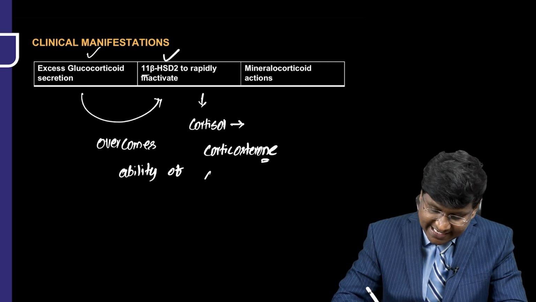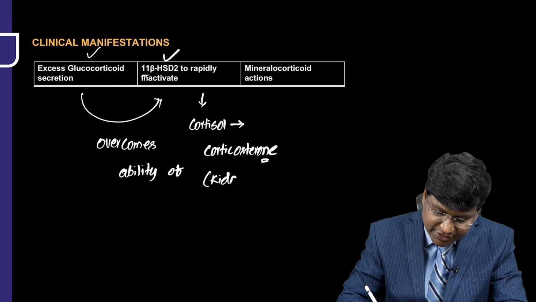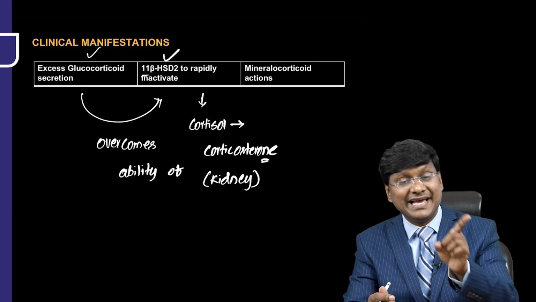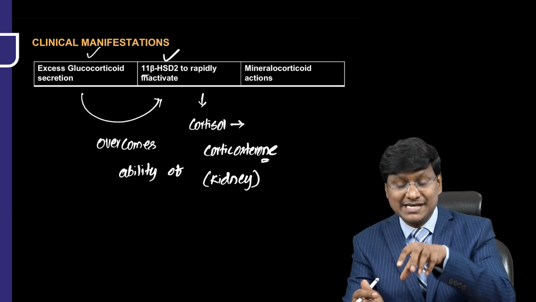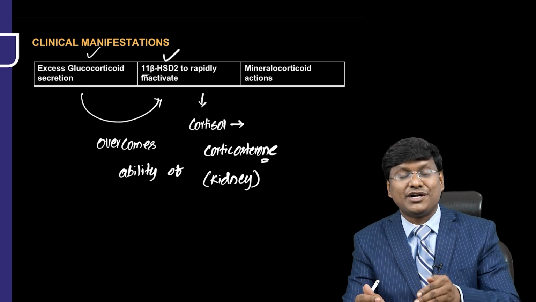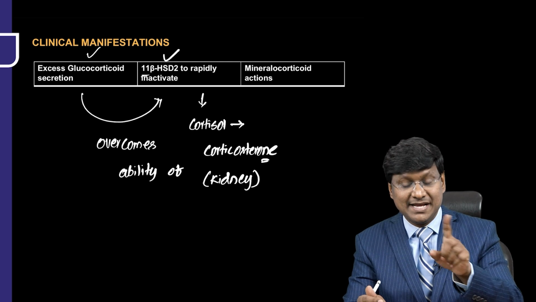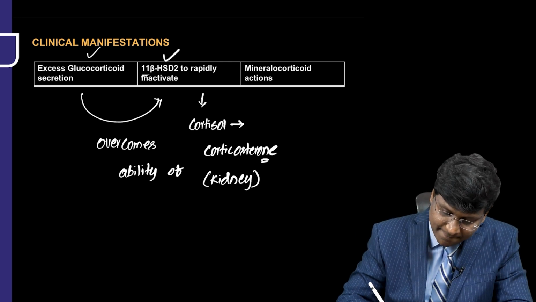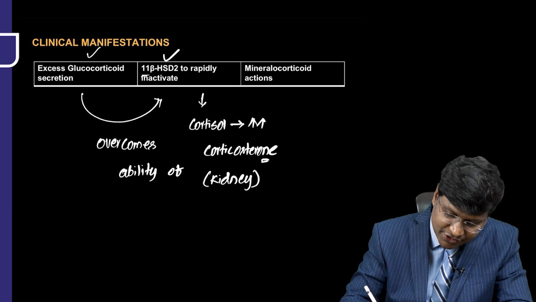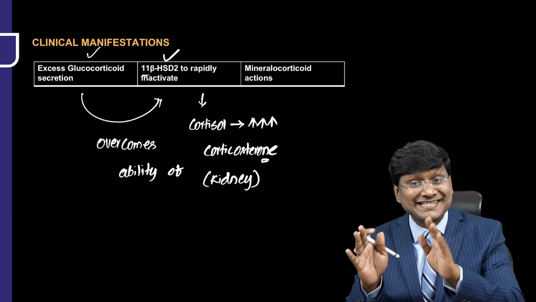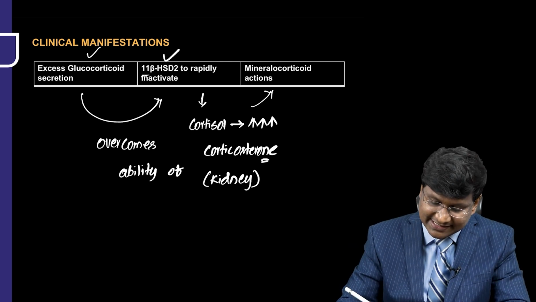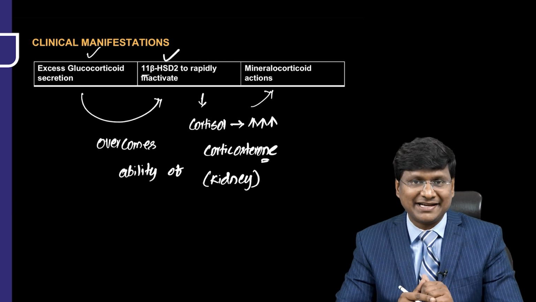Usually, where does this inactivation occur? It occurs within the kidney. But when there is excess glucocorticoid secretion, this inactivation of cortisol to corticosterone within the kidney does not occur. Thereby, what will happen? There is excessive cortisol, and this excessive cortisol will exert the mineralocorticoid action.